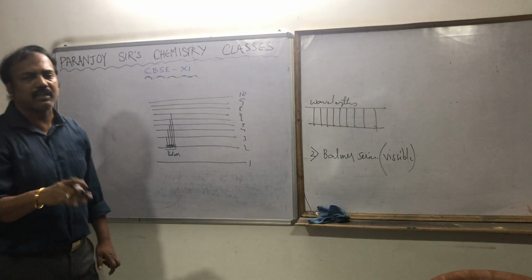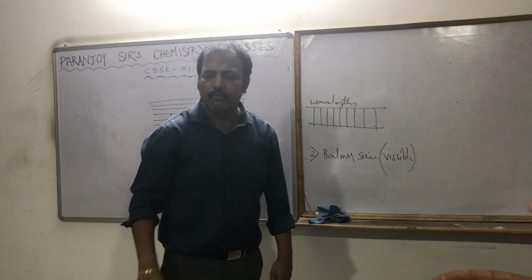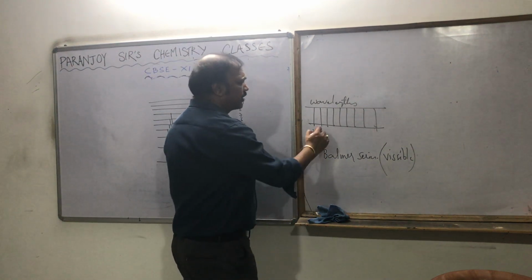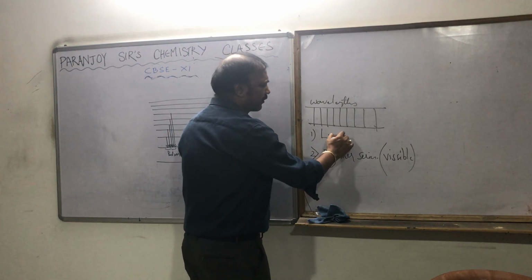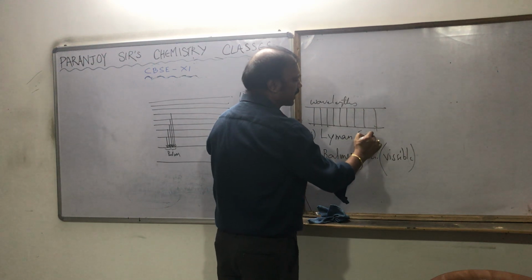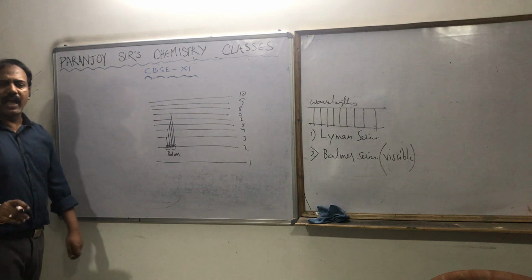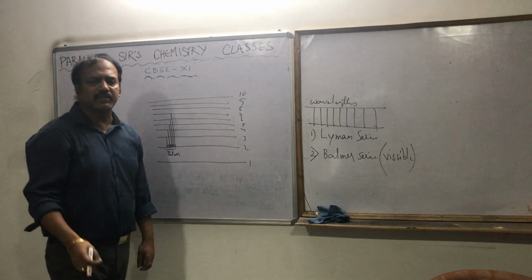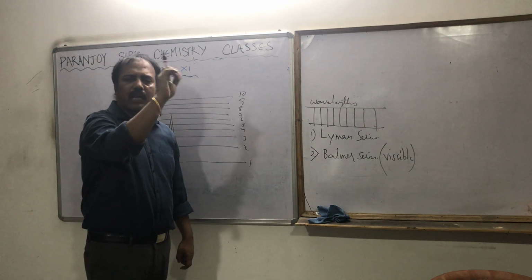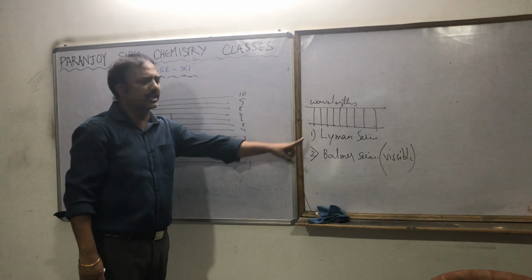Then one after another, other scientists also found the other 4 series. The first one is called the Lyman series. From the number I had written, you can understand what the Lyman series is. Lyman series means the lines generated due to the fall of the electron from the higher orbitals to the first orbital, the first energy level.